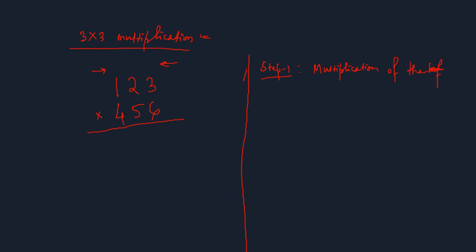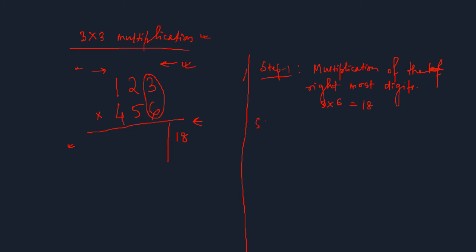I'm sorry, the rightmost digits. In this case, it's 3 and 6. That will give us 18. So I'll write 18 in here. I'm writing from the right since I started here from the right. Had we started from the left, I would have written the results from the left.